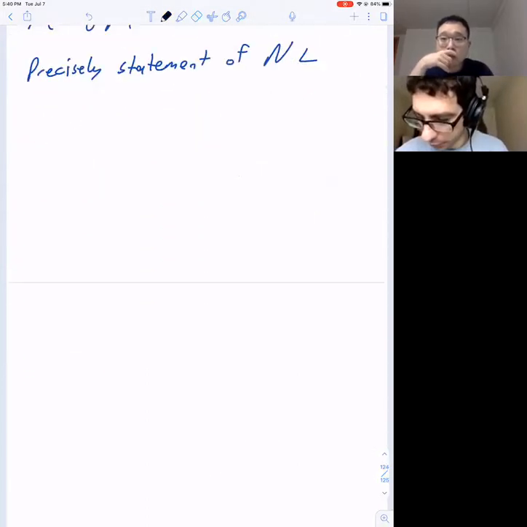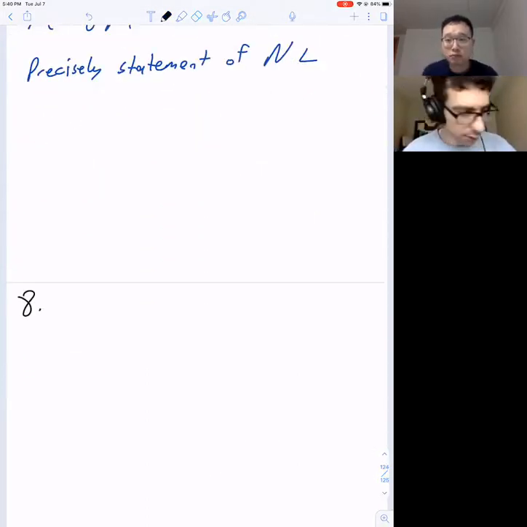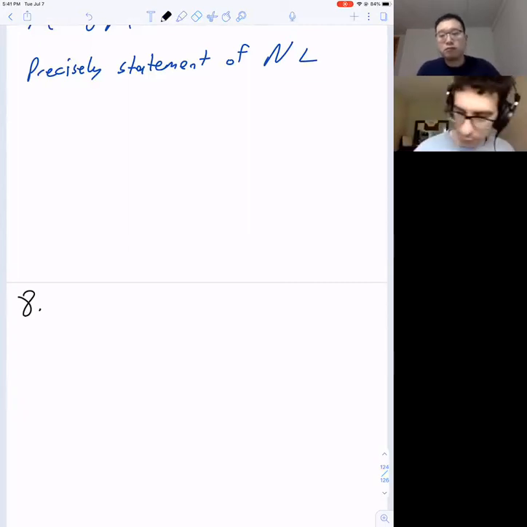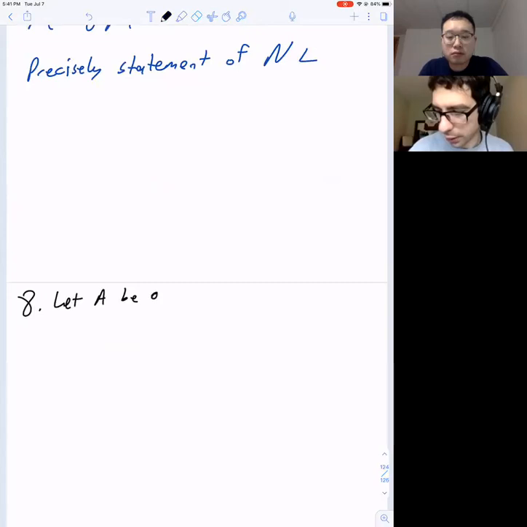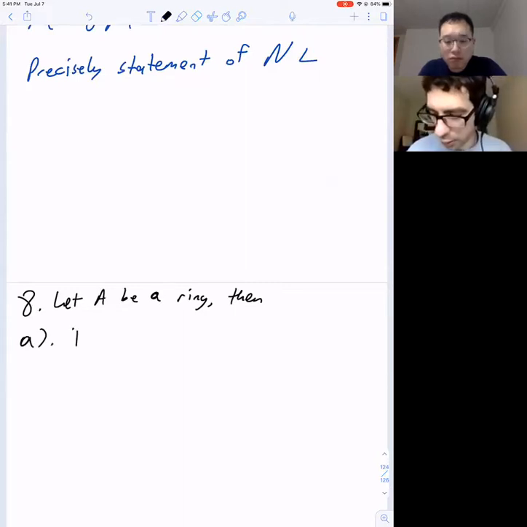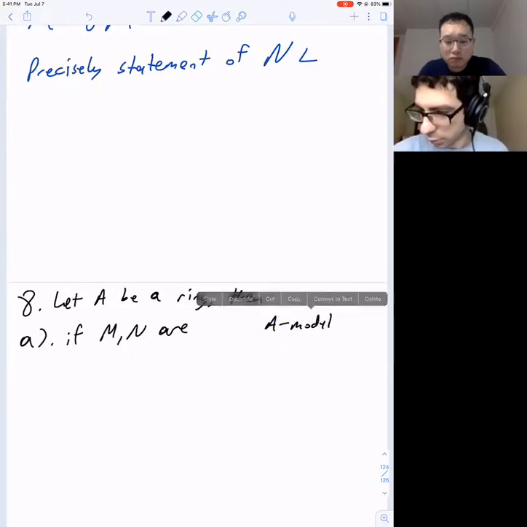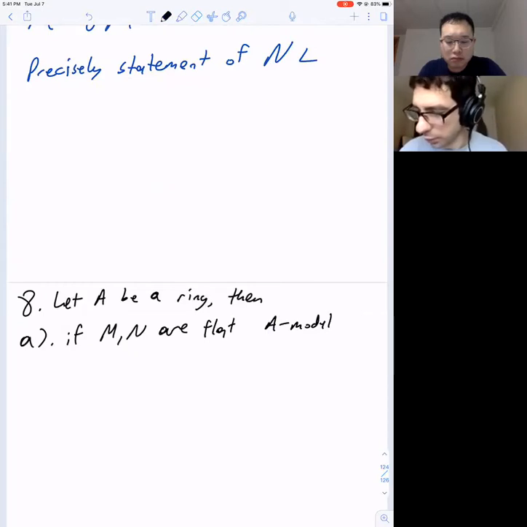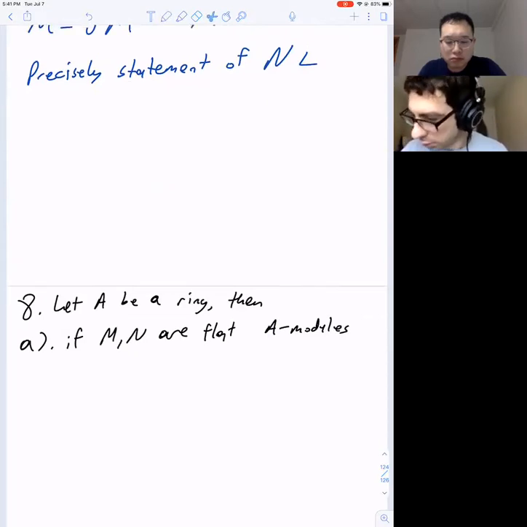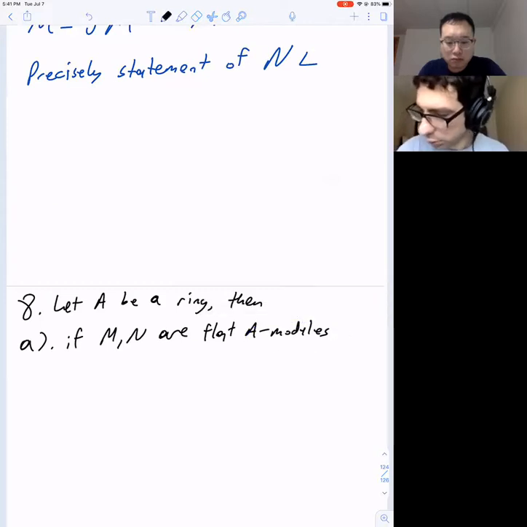So let's try number 8. Number 8 says let A be a ring. Then, let's say part A, if M and N are A modules, oh, I'm sorry, so they are flat A modules, then the tensor product is also flat.